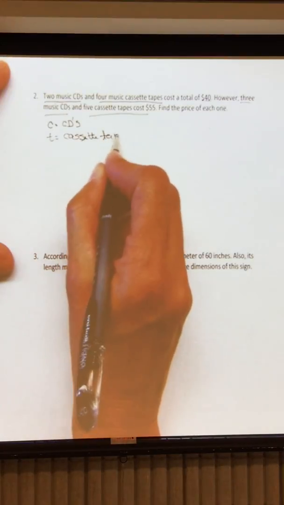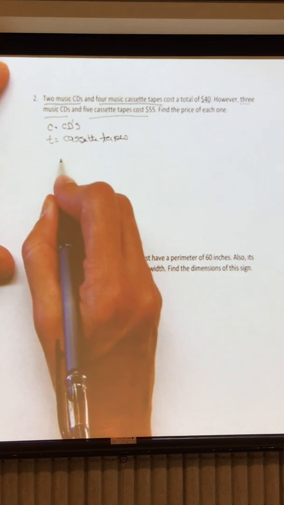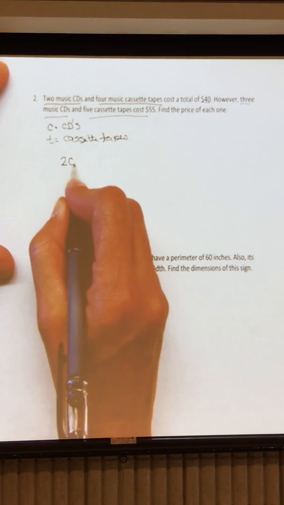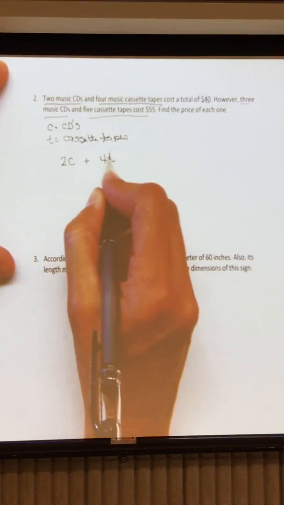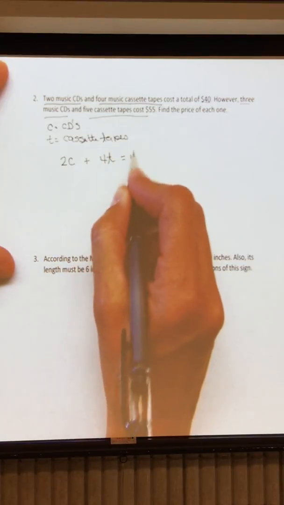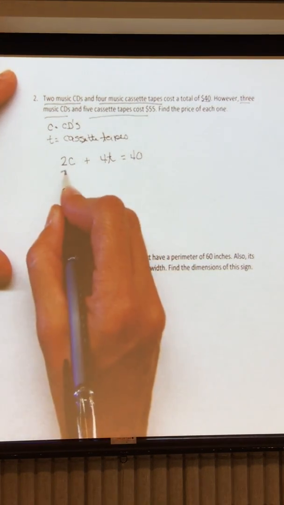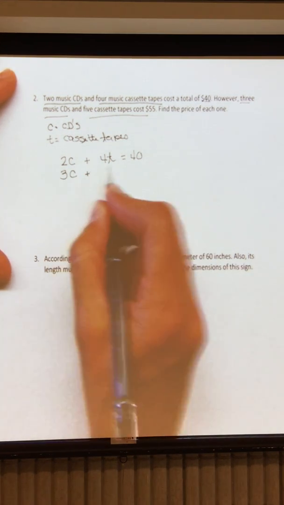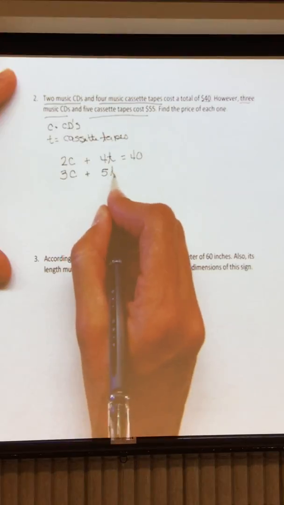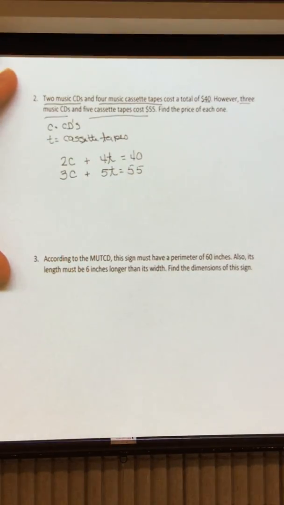Now let's translate our words. We have 2 music CDs plus 4 cassette tapes, total $40. And the second equation, we have 3 music CDs plus 5 cassette tapes is equal to $55.